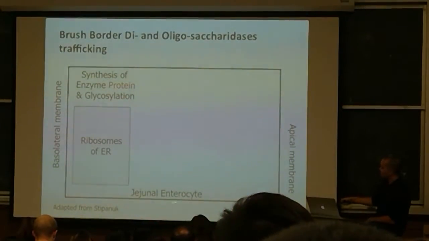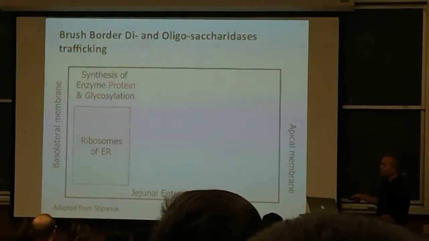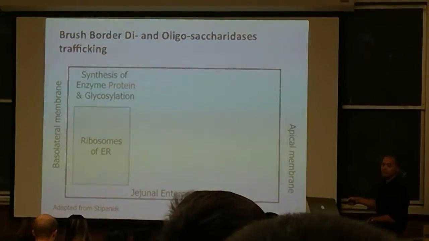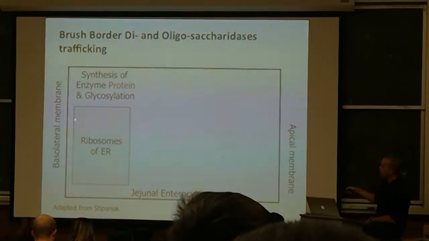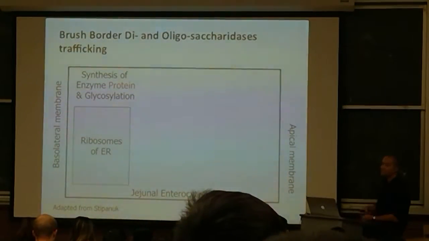So if we just imagine this is an enterocyte, the apical membrane is facing towards the gut lumen, the basolateral membrane towards the blood plasma. We have ribosomes in the ER that are synthesizing these di- and oligosaccharidases.